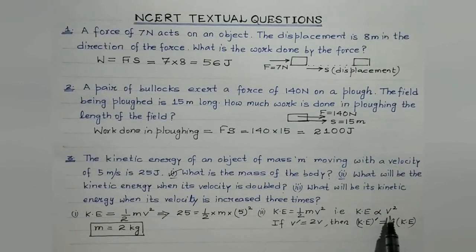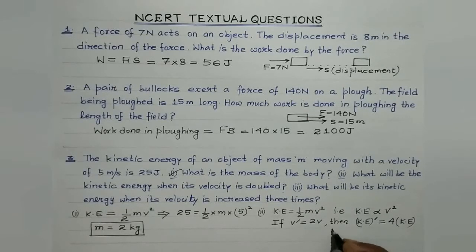Look students, when the velocity is made twice, kinetic energy will become 4 times. When the velocity is made thrice, kinetic energy will become 9 times. When the velocity is made 4 times, the kinetic energy will become 16 times, right? So in case the velocity is doubled, then kinetic energy will become 4 times.